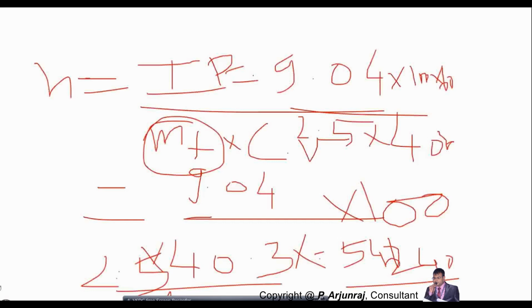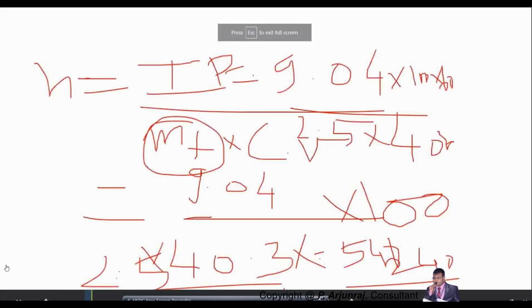When you convert megajoules into kilojoules, you should be very careful with the percentage, and you get a 53.8 efficiency. Yes, you are right, the ratio should be 0.538, so when you put this as a percentage, it is 53.8. This is how you have to calculate the indicated thermal efficiency.